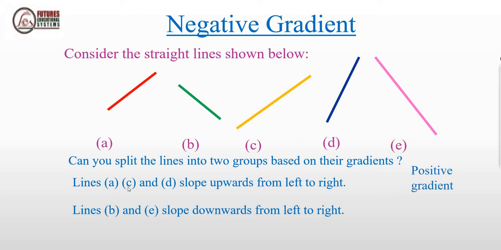Therefore, the lines A, C, and D have a positive gradient, but the lines B and E have a negative gradient.